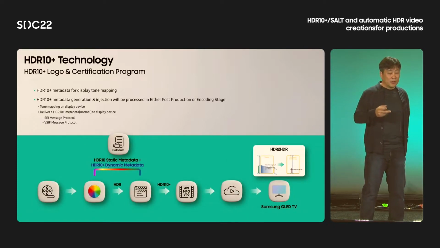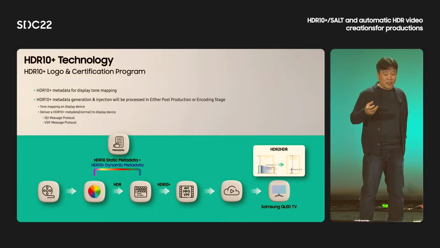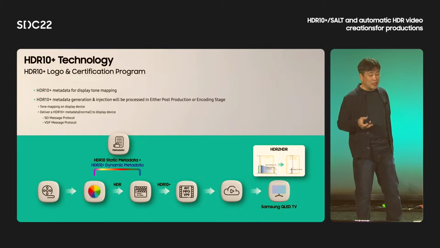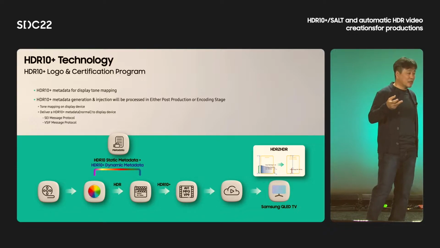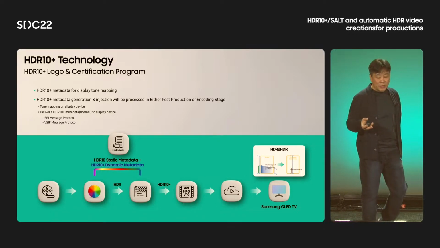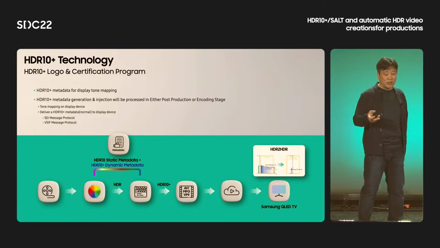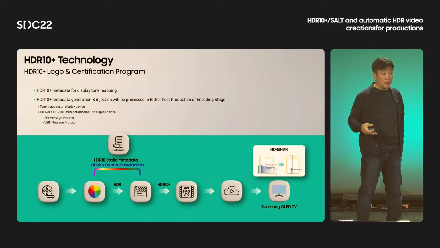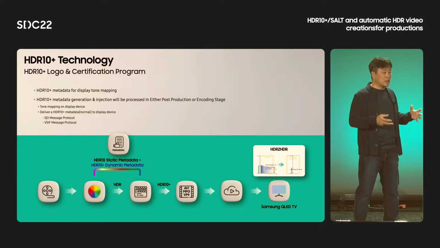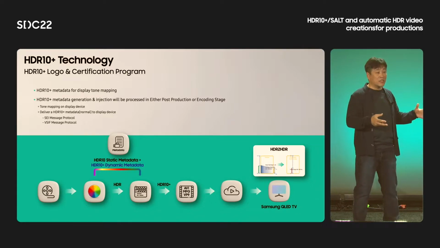And thinking about that kind of challenge is where the HDR10 Plus standard and program point of view comes in. For example, the main concept of HDR10 Plus technology is display tone mapping. From the content creator's point of view, they need to make the best quality of the HDR content.